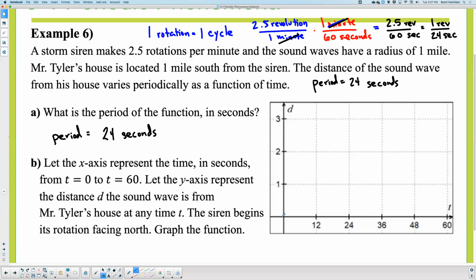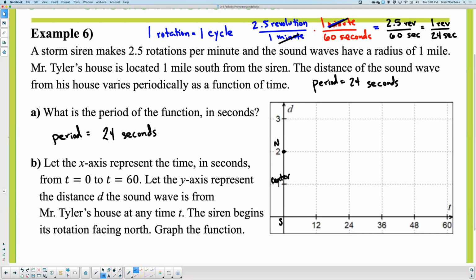If here's the location of the house, we're 1 mile south of the siren. The siren begins its rotation facing north, and it has a radius of 1 mile. So this would be the center location, with north and south.